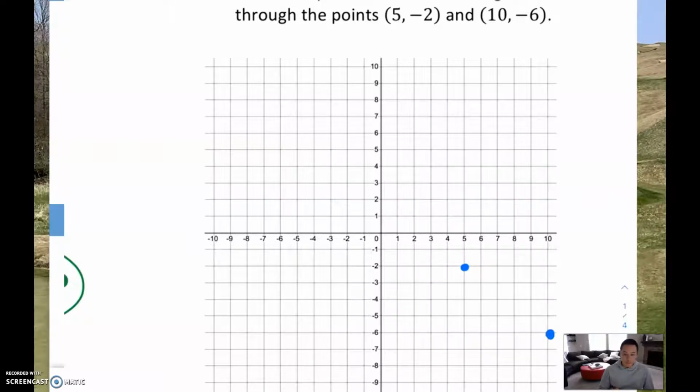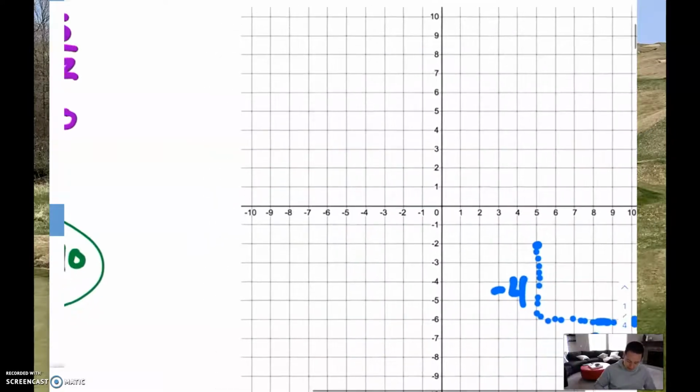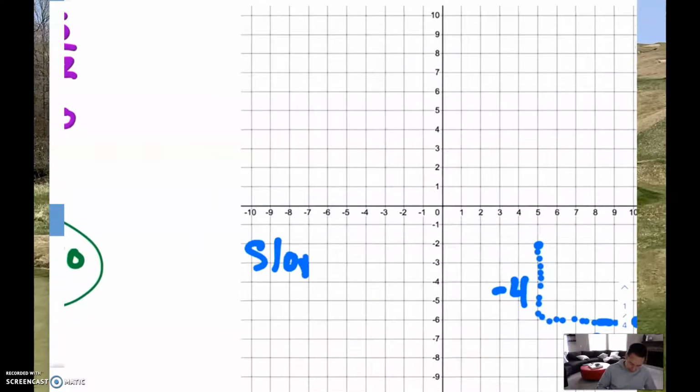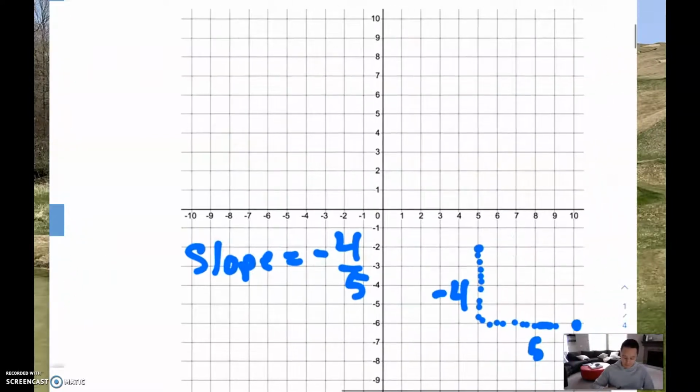If you're going from left to right, it's going down by 4, and it's going over by 5. So I'm going to make a note of this. My slope in this case is down 4 over 5, so it's -4/5.